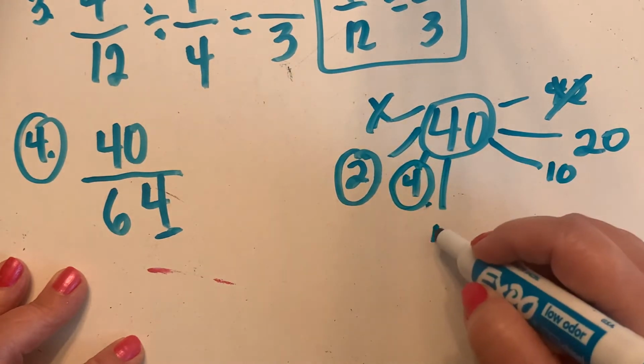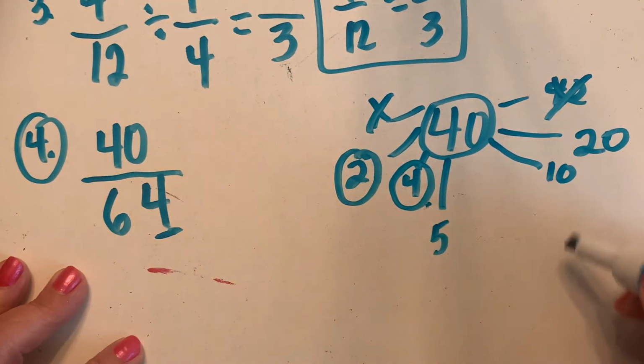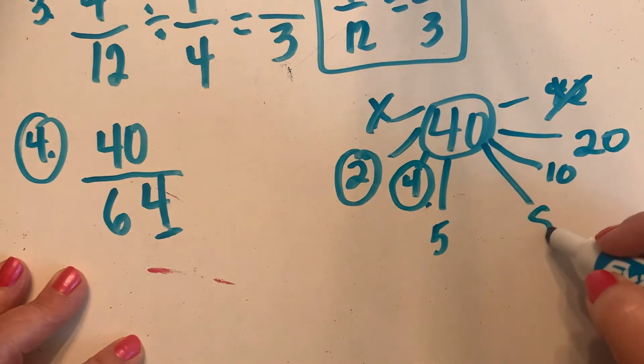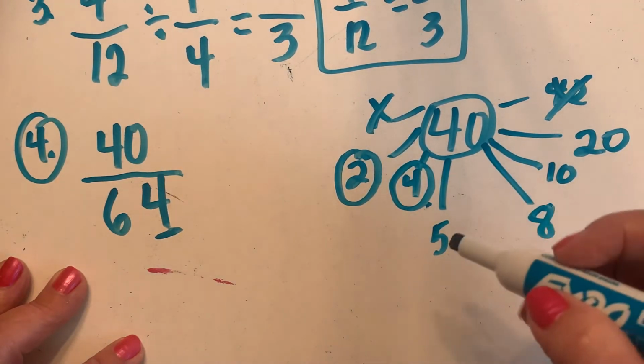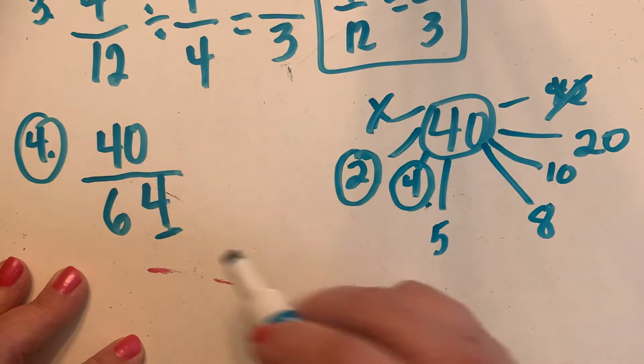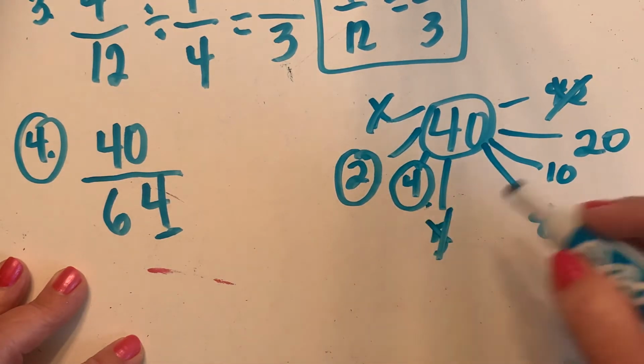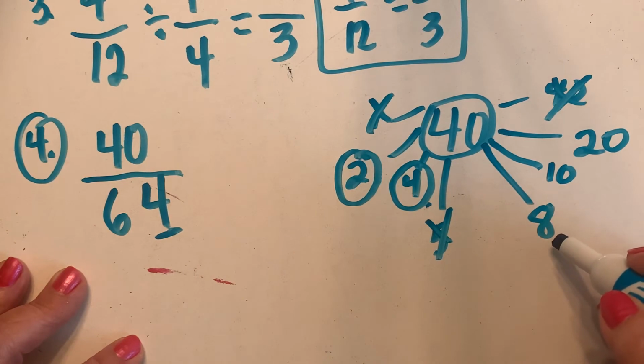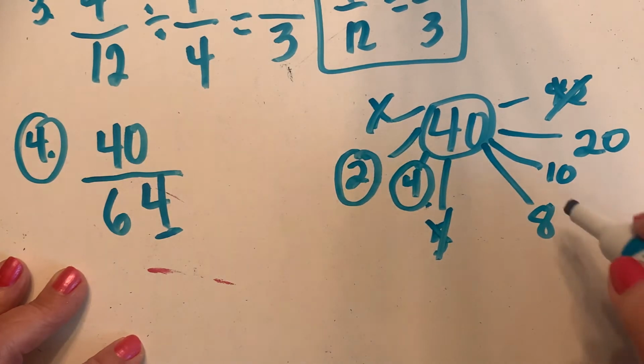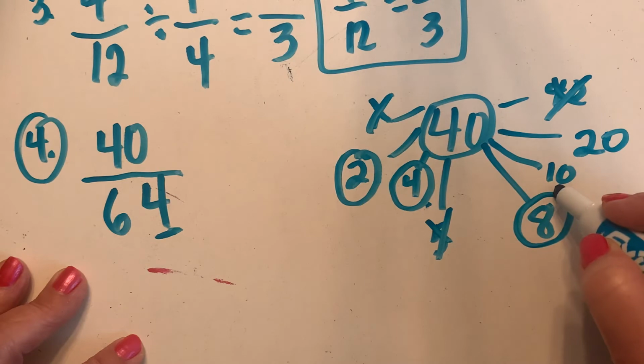We know that 5 goes into 40. 5 times 8. We know 5 will not go into 64 because it ends with a 4. But ask yourself, will 8 go into 64? We already know that, don't we? 8.